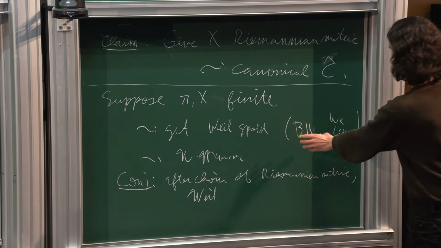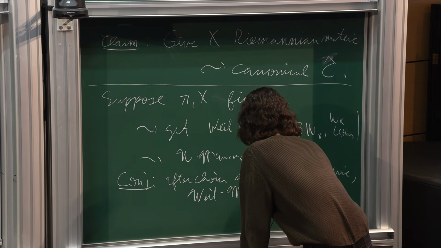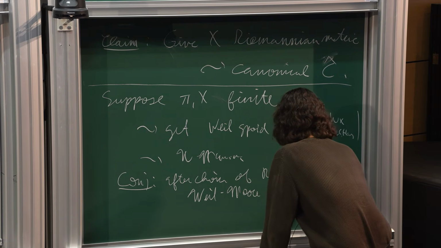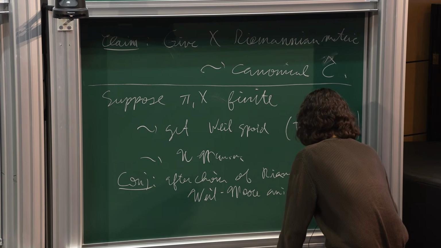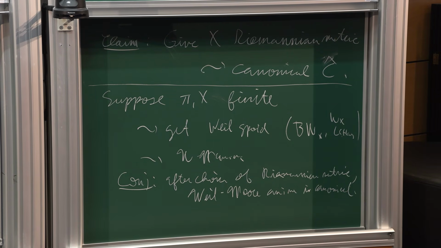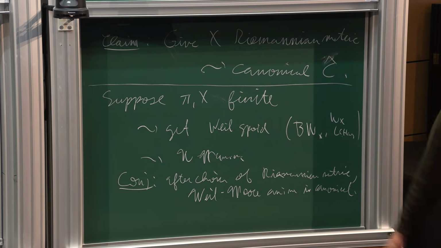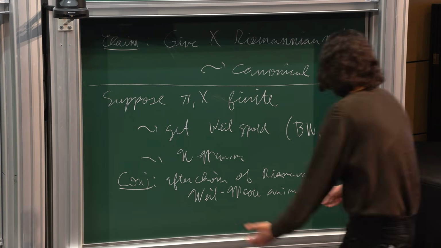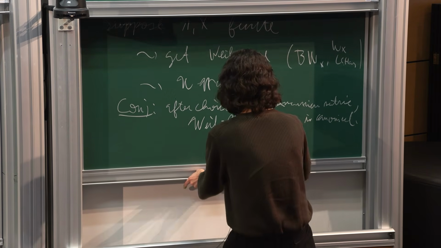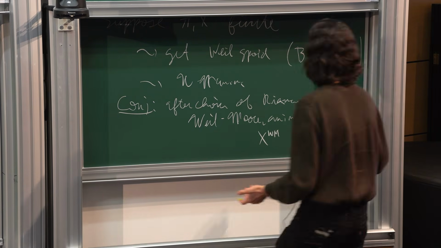We already know this is canonical, but also the Weil-Moore anima is canonical. Again, it's going to be a story where you have a bunch of obstructions that need to vanish, and you can prove they vanish, but they don't vanish canonically in principle. But I would guess that if you choose a Riemannian metric, then there should be a canonical way to vanish the obstructions, so to speak. So let's call that Weil-Moore anima X_WM.